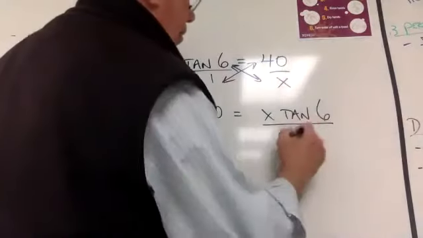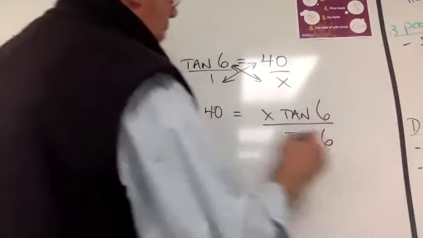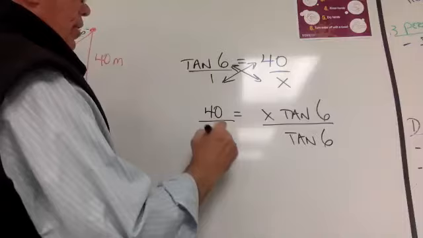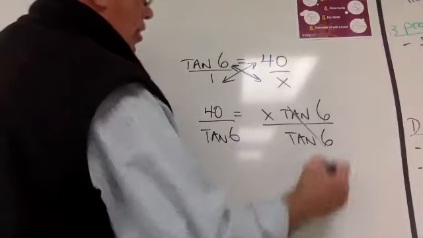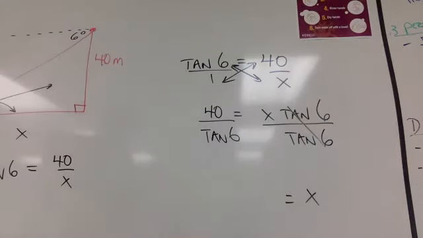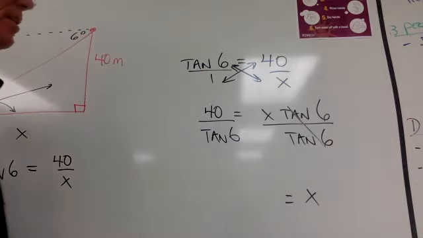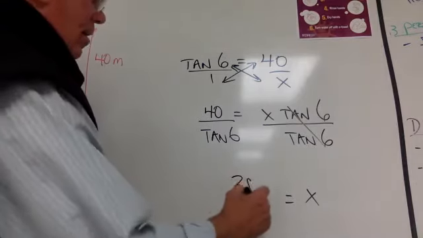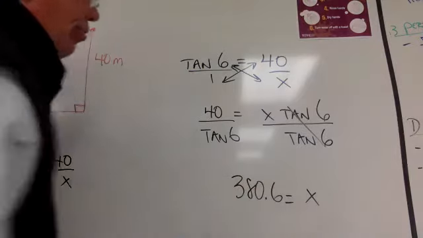There you go. And remember, you don't ever change those to decimals. You just let the calculator do it so you don't get any rounding off. So 40 divided by the tangent of 6 is going to be what? 380.57. So we go 380.6.